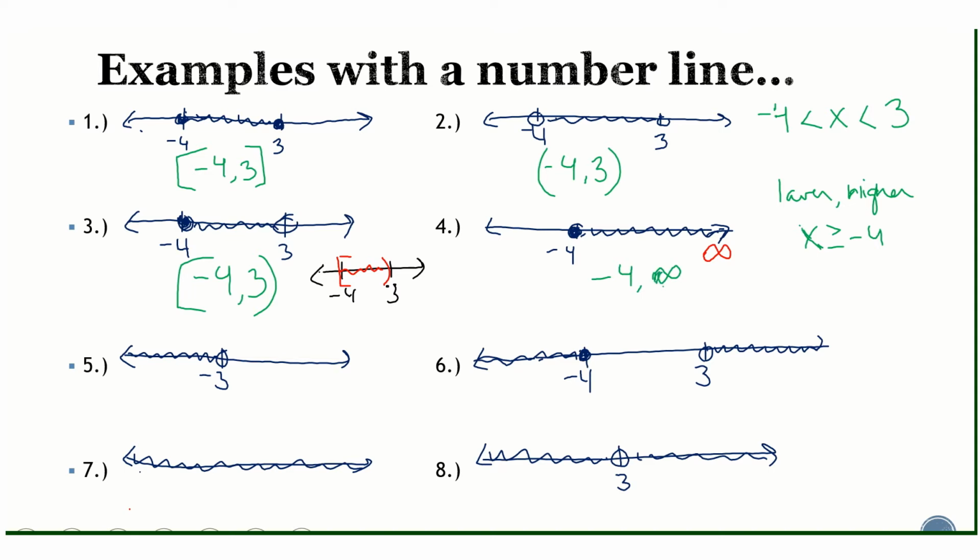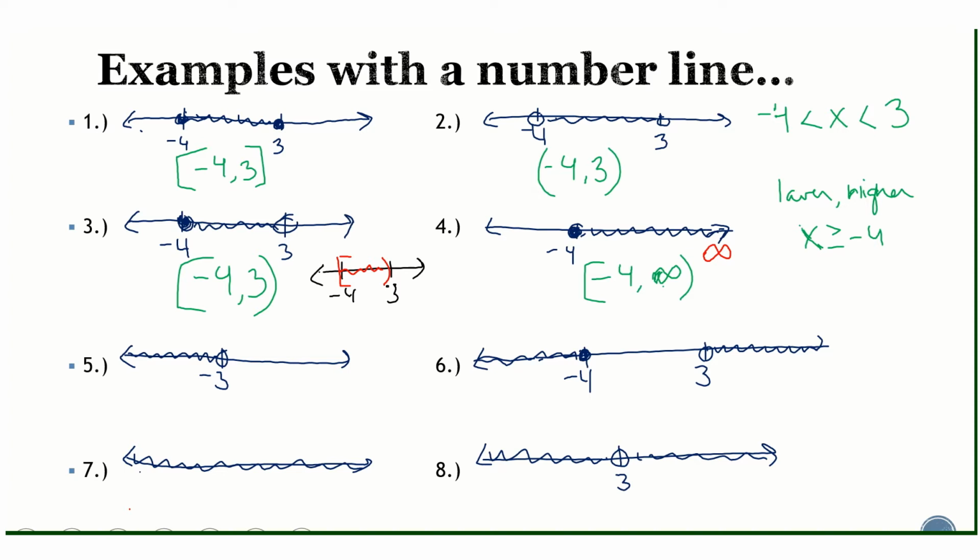Because the -4 is included, you will use a bracket, and then infinity always has a parenthesis around it, because infinity is not a number that can be included. You can include numbers, but you can't include concepts like infinity. Just can't do it. So you would put the parenthesis around it. Okay, so you'd have -4 to infinity.